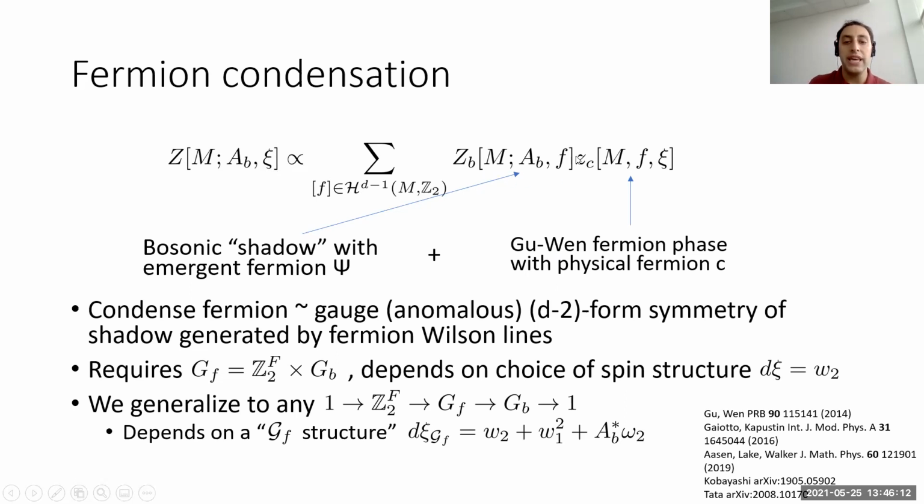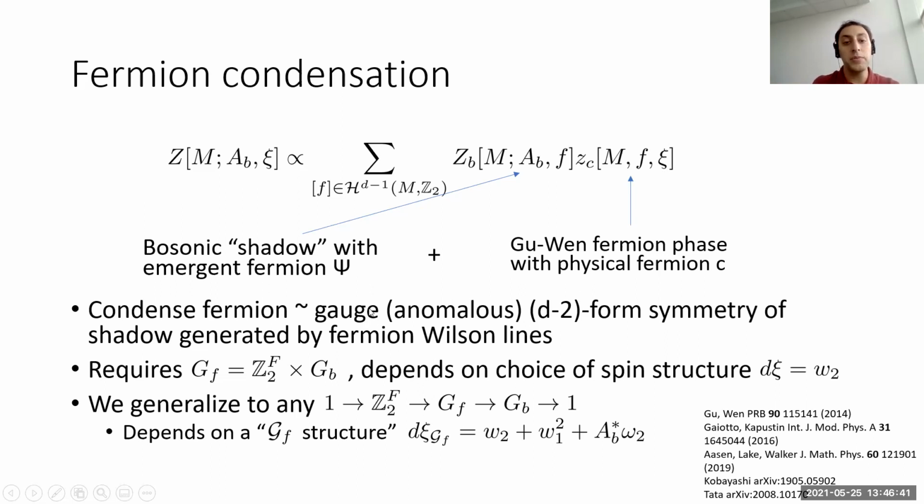And what we're going to do is take the bosonic shadow, which depends on the background gauge field describing fermion Wilson lines, and add in the Gu-Wen type construction for a fermionic path integral, which has the physical fermion and also incorporates the generalized spin structure.